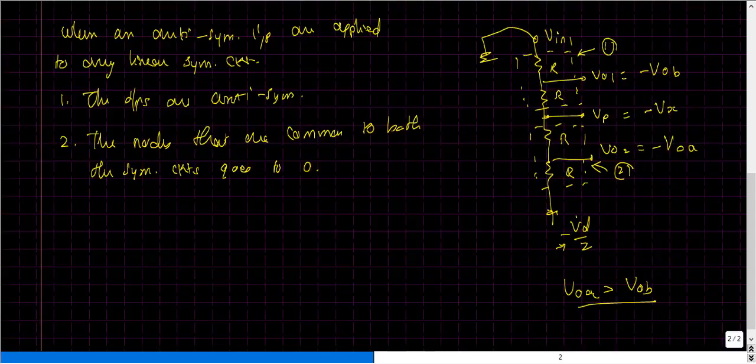Now let us see what happens to the node values when we apply symmetric inputs of the same magnitude. So I'm just going to apply Vin1 equals Vin2, and that is basically equal to some common mode voltage here.